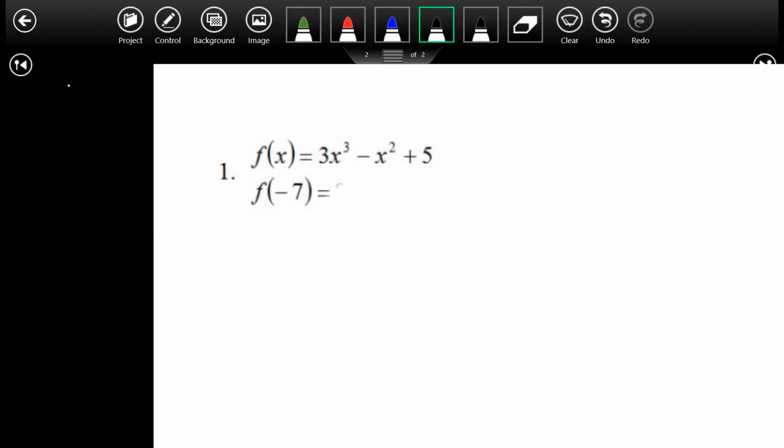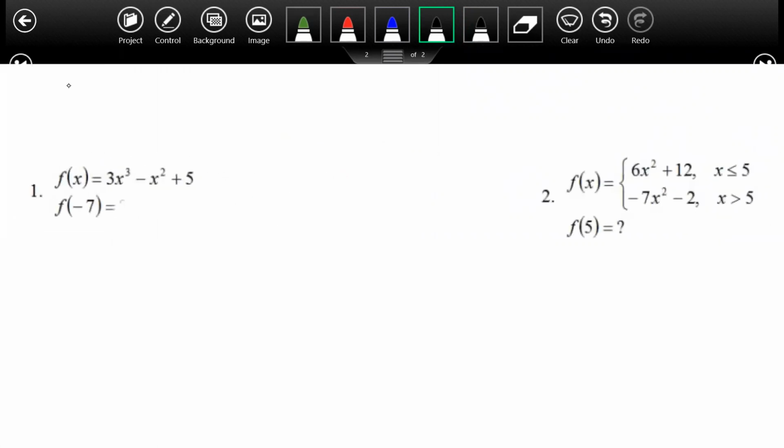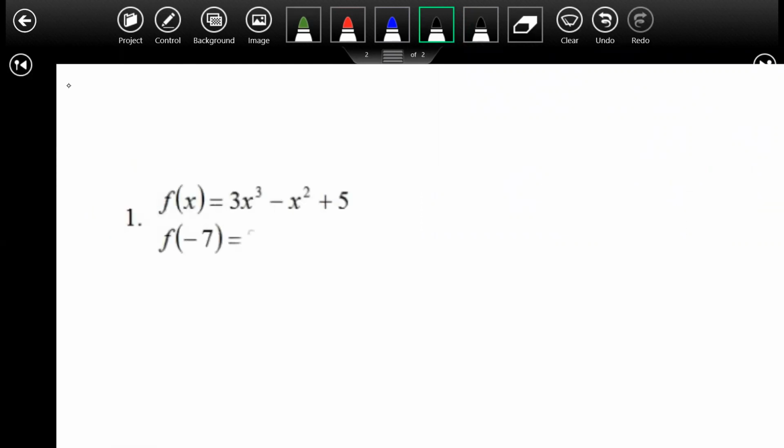Okay. This is our first part of the review. A lot of this stuff that I want to tell you guys to remember is important that you're able to do on these. So looking at the first one here, we got to be able to evaluate our function. What am I going to do with that -7? Plug it in. So whatever's inside the parentheses, all we want to do is just plug those values into the equation itself. So this will be 3 times -7 cubed minus -7 squared plus 5. -7 cubed times 3 is what?